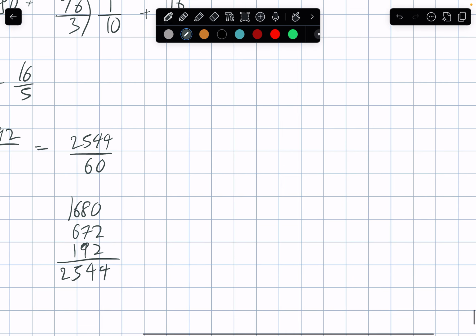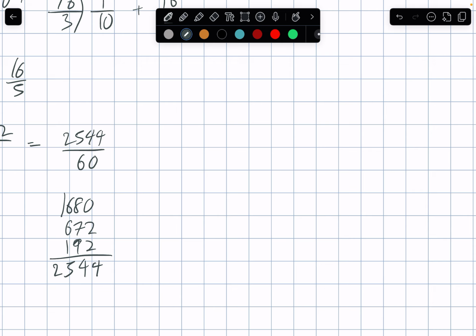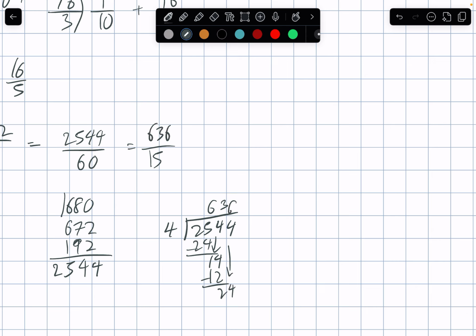How do we simplify this? I think we can divide everything by 4. 15. 636. 15, 30, 45, 60. 42.